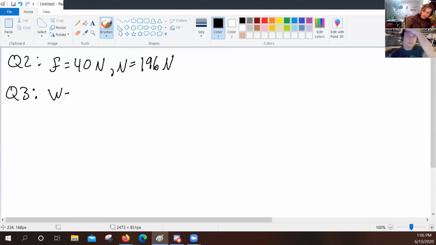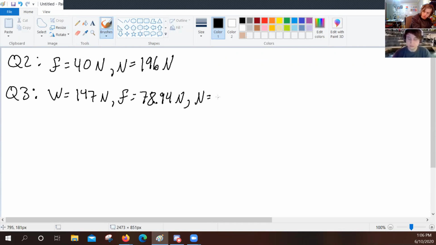So weight equaled 147 newtons, and the friction force was 78.94 newtons. There's a point there. And the normal force was 103.94 newtons. If you guys rounded up and just said 104, 79, and 147, those are okay as well.